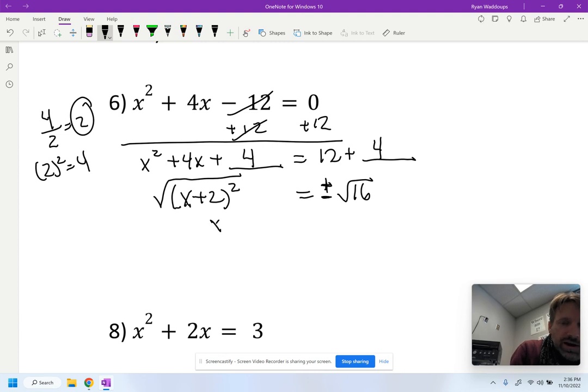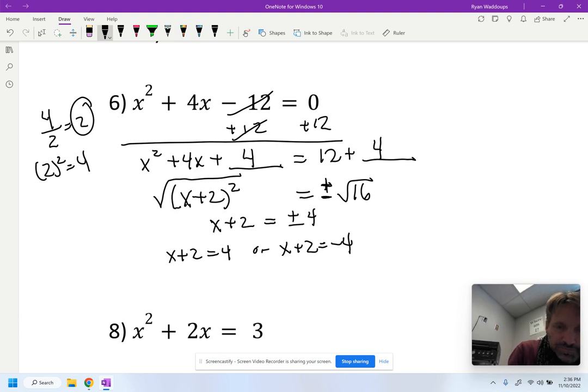And I get x plus 2 on the left, because the square and the square root cancel each other, and I get plus or minus 4. Now I rewrite this as two equations. X plus 2 equals 4, that's the positive 4, or x plus 2 equals -4, and that's the minus part.